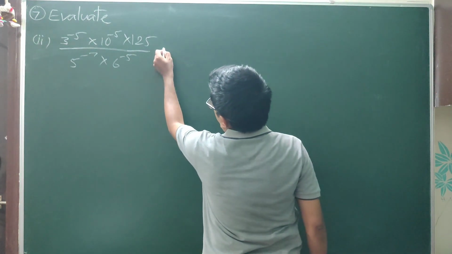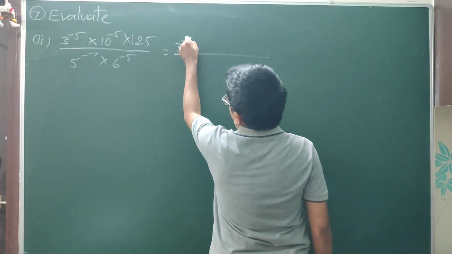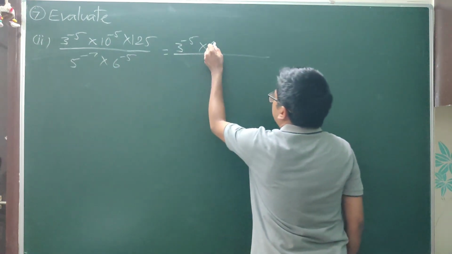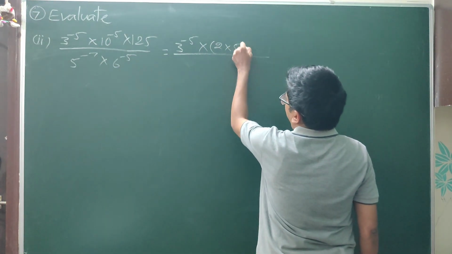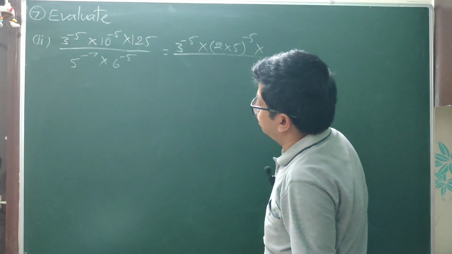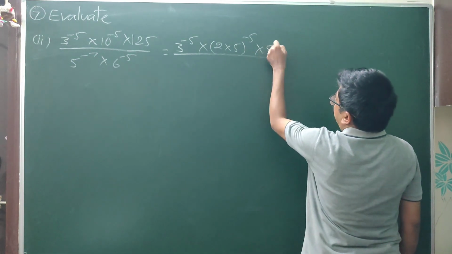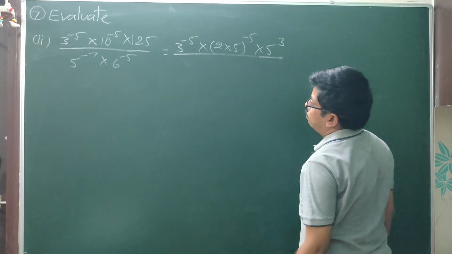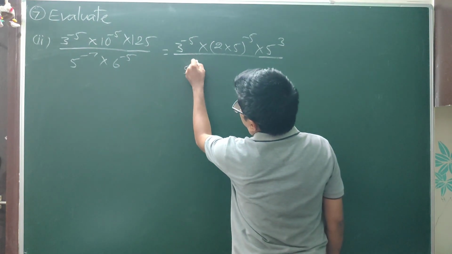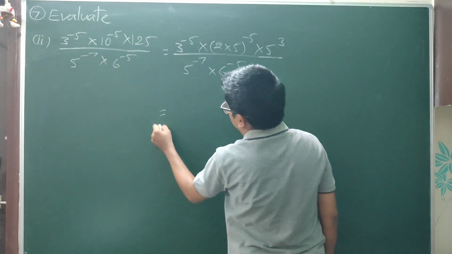So let us write like this, equal to 3^(-5) into 10, this 10 is 2 into 5, whole power minus 5, into 125 can be written as 5 cube, by 5^(-7) into 6^(-5).